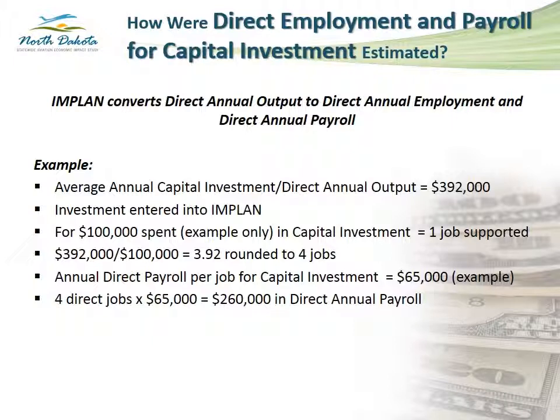In this analysis, the 3.92 jobs were rounded to 4 full-time direct jobs in the capital investment category. The average annual salary across all categories for the 4 jobs that are supported is $65,000. So the 4 full-time direct jobs support direct payroll in this example of $260,000.